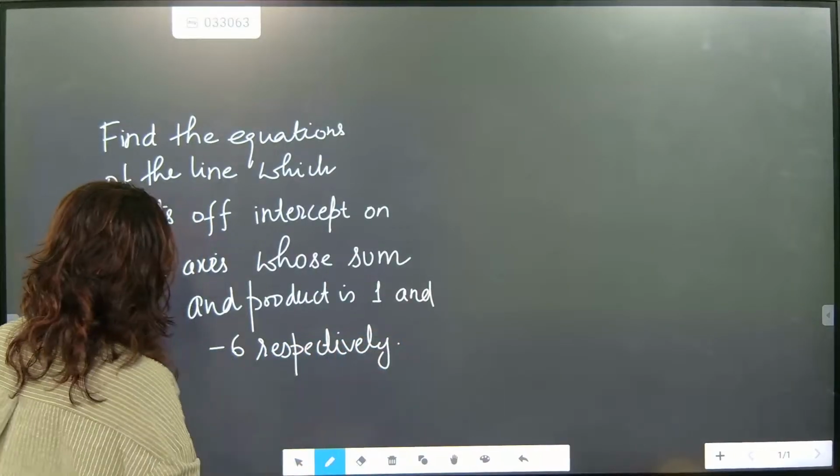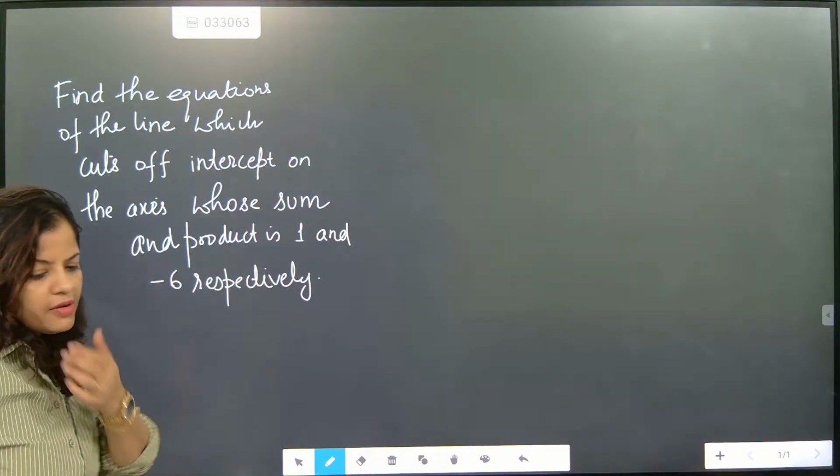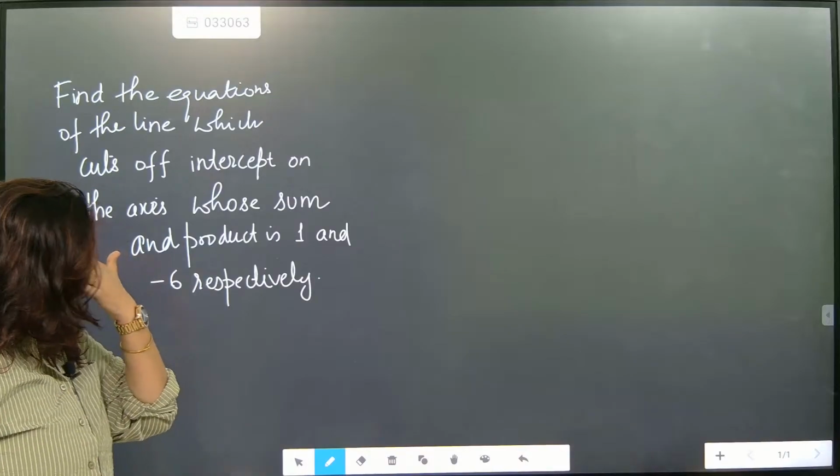Now come on, try this question, children. Find the equation of the line whose sum and product of intercepts is 1 and -6 respectively. Come on, start solving this question, please.